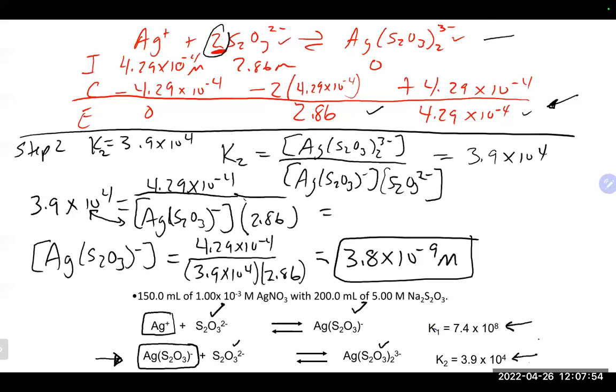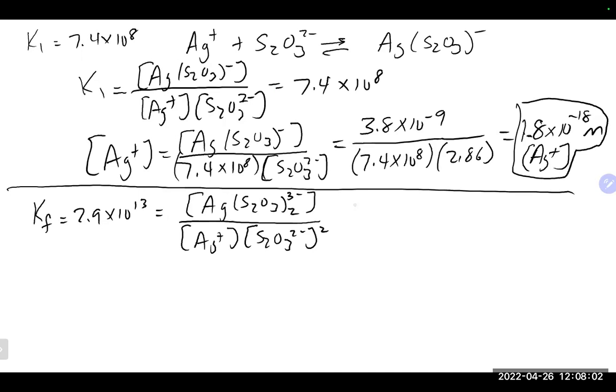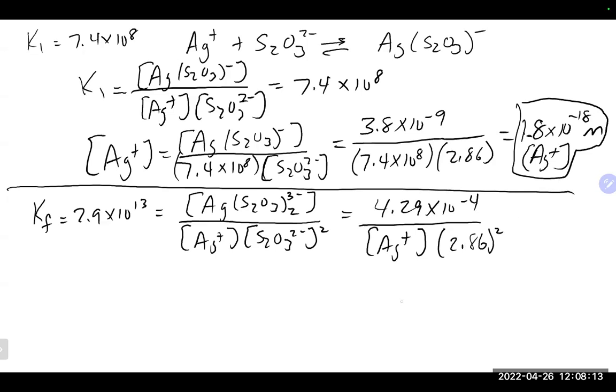So in this case, we're actually using the overall equation and the K value that goes with the overall equation. We could put our numbers in at this point, and we would end up with 4.29 times 10 to the -4 divided by the silver concentration and our 2.86 squared.